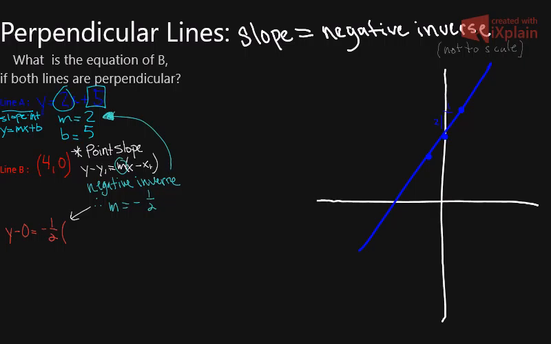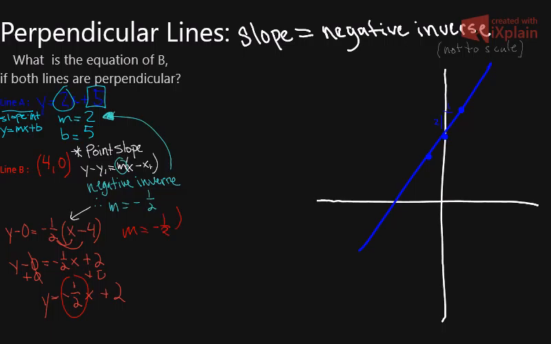And now we have y minus 0 equals negative 1/2 times x minus 4, and we're going to distribute the negative 1/2. So y minus 0 equals negative 1/2 x plus 2. And we're going to add the 0 to both sides, even though we don't really need to. And that's going to give us the equation y equals negative 1/2 x plus 2.